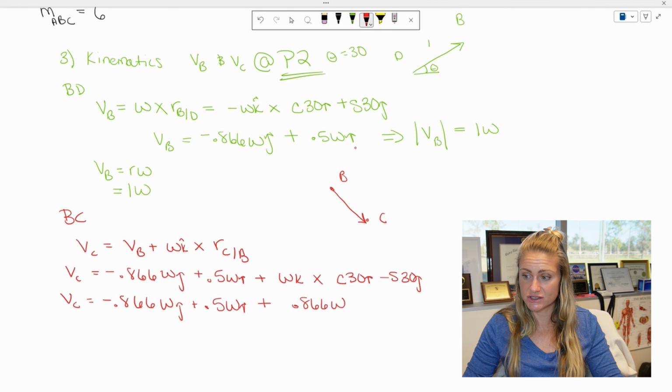K cross I is J. And then I have my sine 30, which is going to be 0.5. It is a negative, but K cross J is positive. And that's in the I direction.